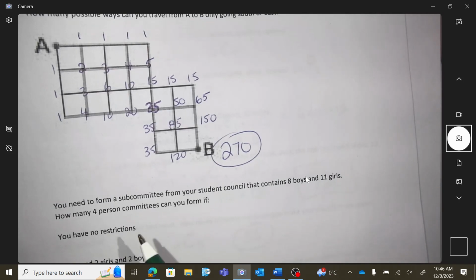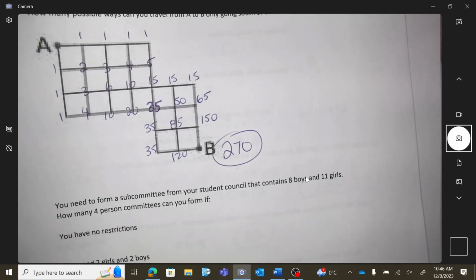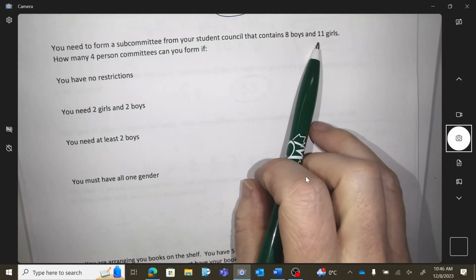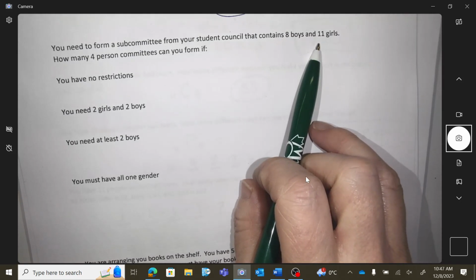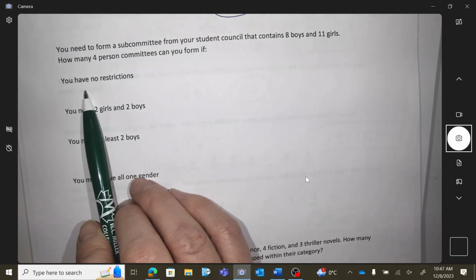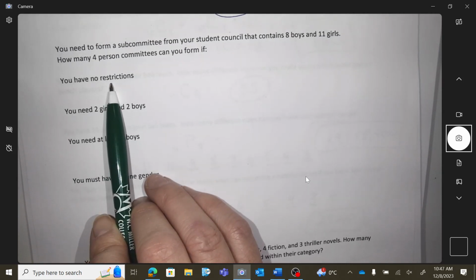Okay, on the last one, you're trying to make a 4-person committee, and there's 8 boys, 11 girls available, and you're trying to make 4 people onto your committee. So the first question has no restrictions, so you can pick anybody and get 4 people. So permutations or combinations.